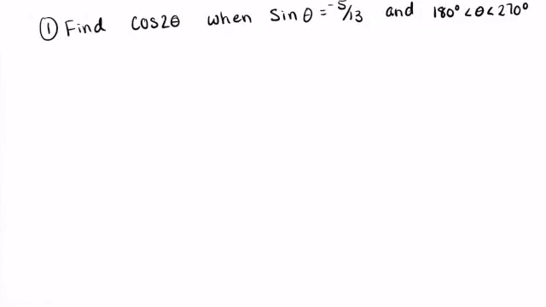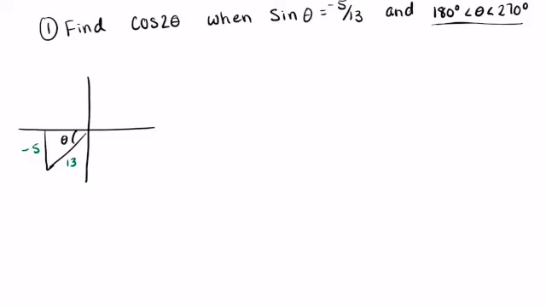So given that we have sine of theta being -5/13, and we are in quadrant 3, let's go ahead and draw our triangle. So we're going to look very similar to this. And I know that sine is opposite over hypotenuse.